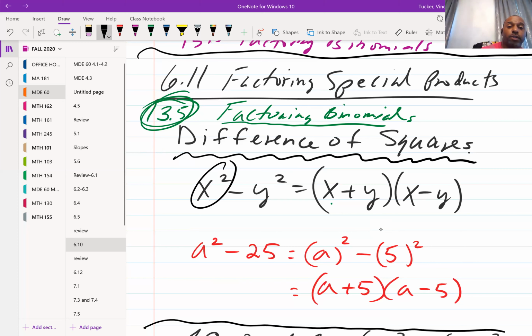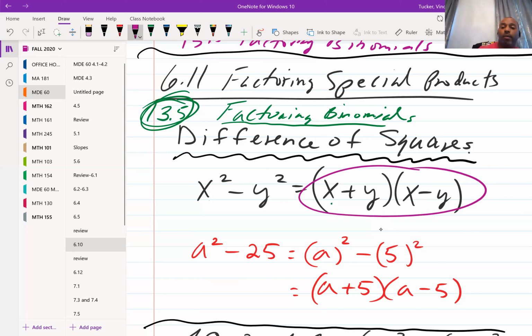In other words, your first term is a perfect square and your second term is a perfect square. And once again, you are subtracting them, the difference of squares. So it's in the title. If you have the subtraction of two perfect squares, you can break it up this way, wherein the square root of x squared is x, the square root of y squared is y. So then you can just do x plus y, x minus y.